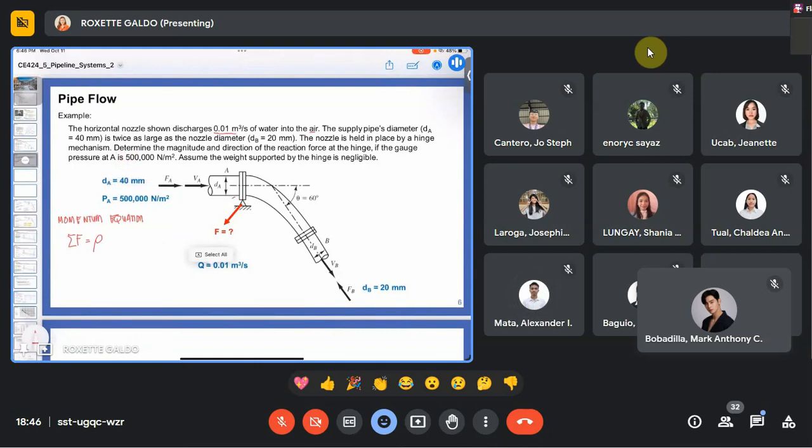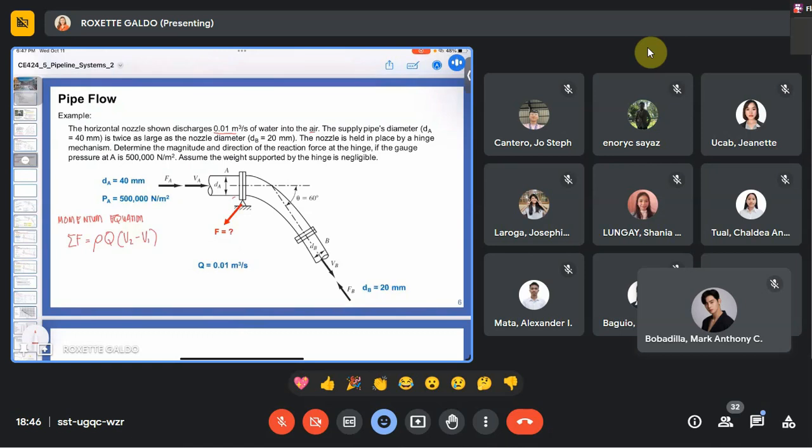So the momentum equation states the summation of force is equal to the density of the water times the flow rate times the final velocity minus the initial velocity.